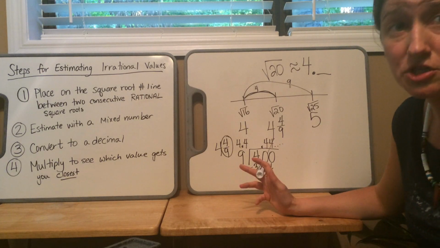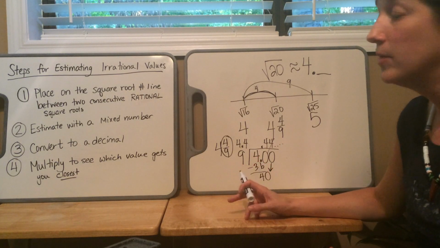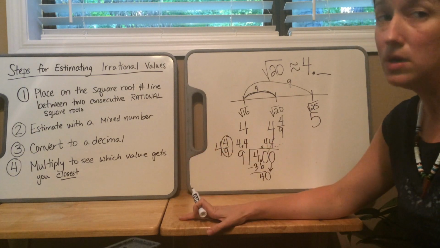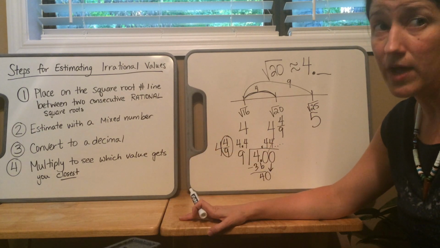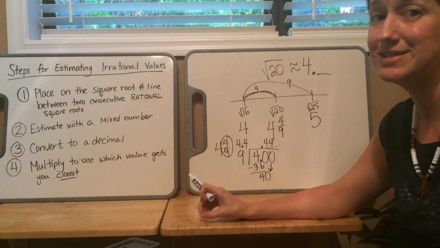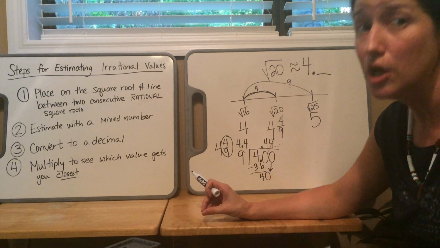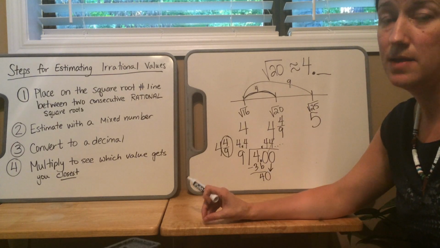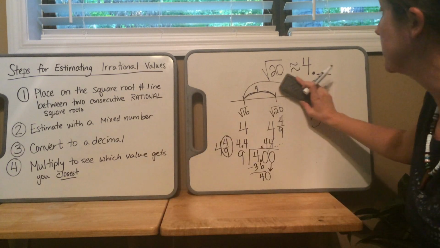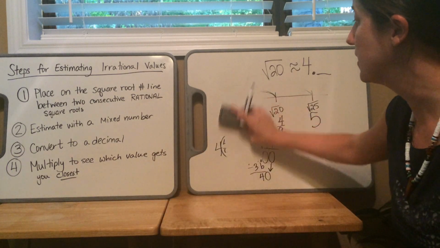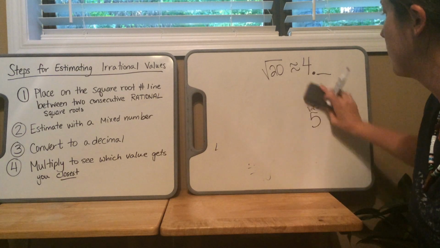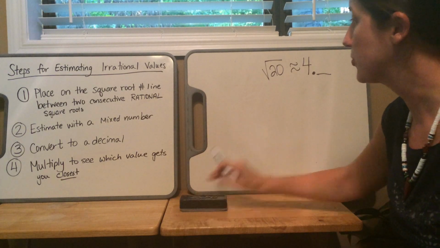One might think we're finished. We have a tenths place decimal. But our last step is to multiply to verify that that is the tenths place decimal that gets me closest to 20. So square root means something times itself. We are saying 4.4 times 4.4 is our approximate value.